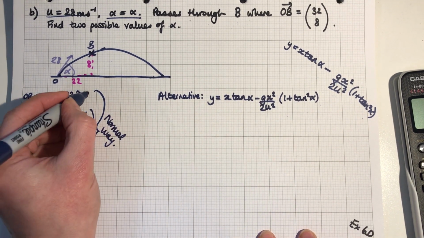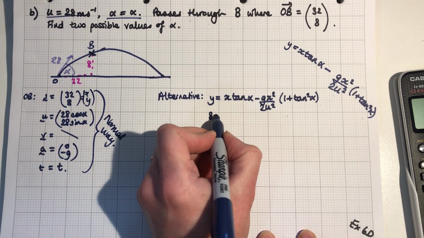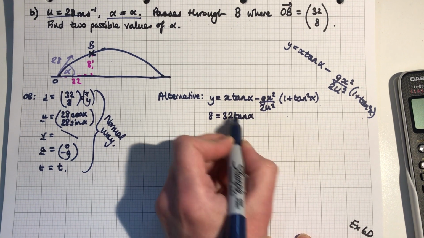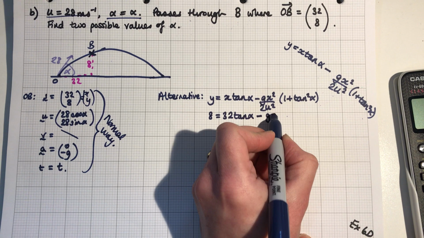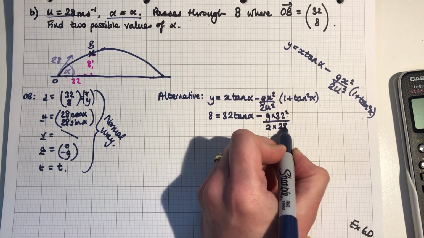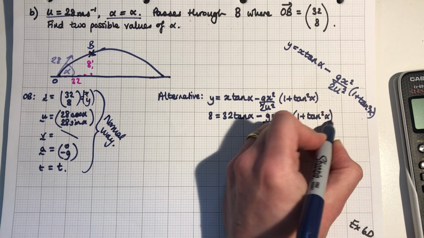So this here is x, y, isn't it? So we've got 8 equals 32 tan alpha, alpha is our unknown in all of this, minus g times 32 squared over 2 times 28 squared, and then 1 plus tan squared alpha.